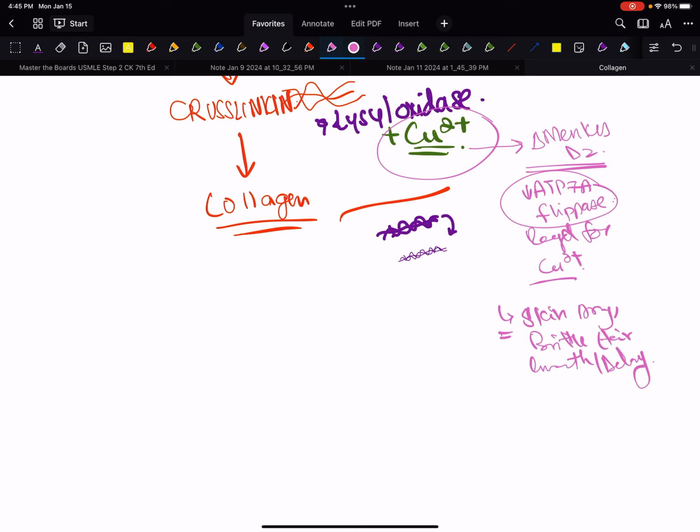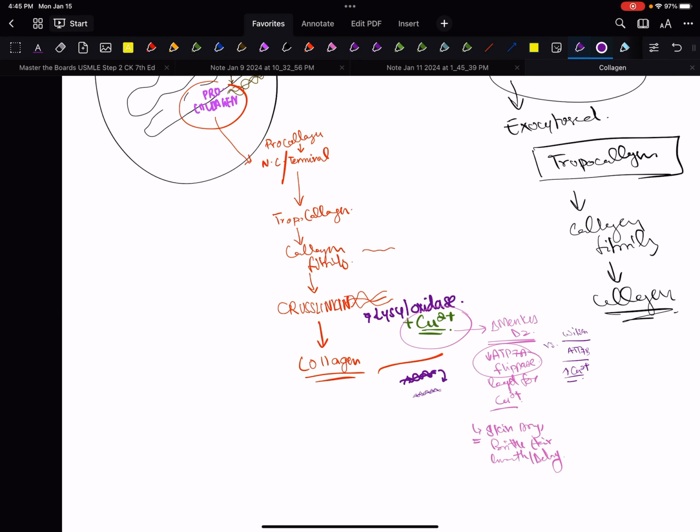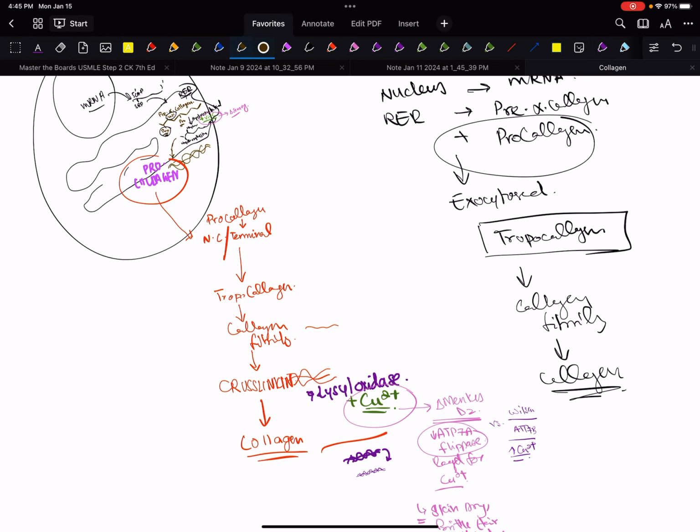This is not to be confused with Wilson's disease, which is an ATP7B mutation, and that's actually an increase in copper, not a decrease in copper. So here's the fun part over here. We have two of these. We have Ehlers-Danlos syndrome and osteogenesis imperfecta, which are very, very huge concepts.